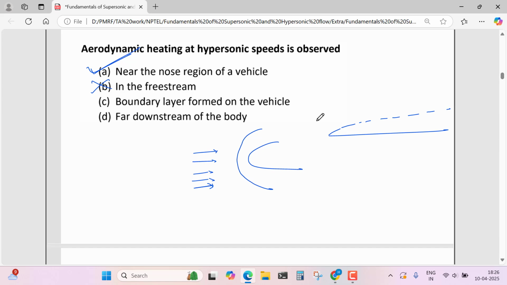So you can say a high amount of kinetic energy is converted to thermal energy, due to which there will be aerodynamic heating inside the boundary layer of the vehicle. Far downstream of the body there will be no aerodynamic heating. Mainly, aerodynamic heating will be observed near the nose region of a vehicle and in the boundary layer formed on the vehicle.